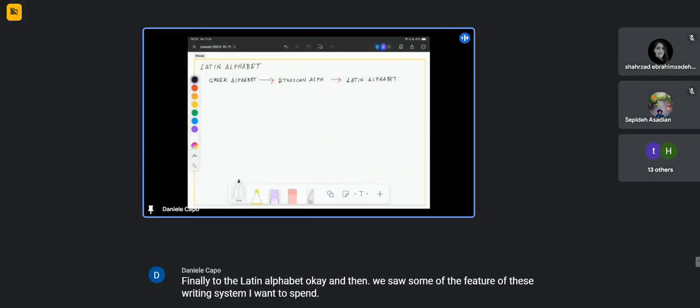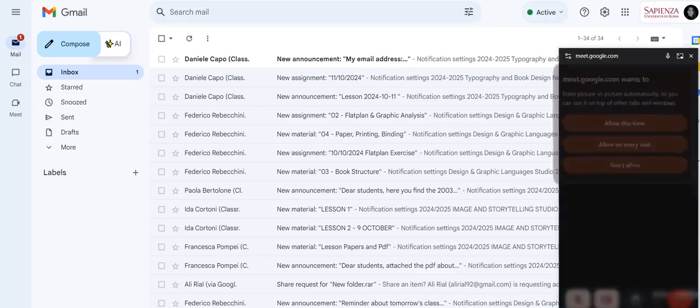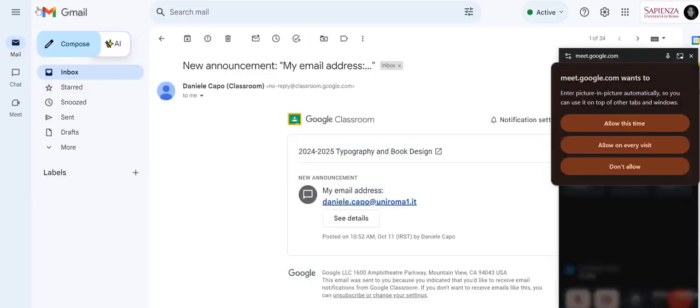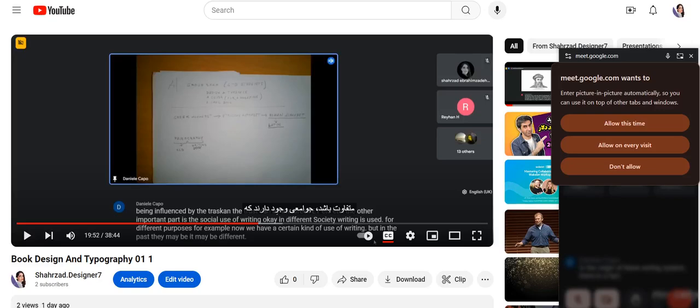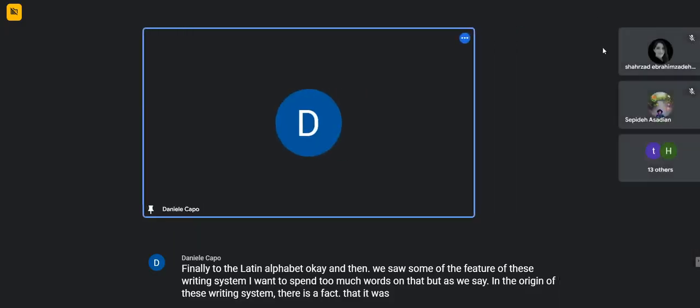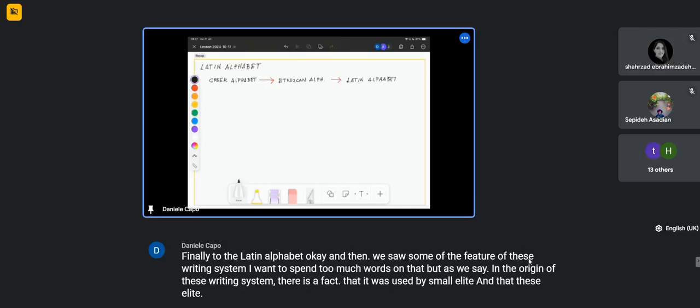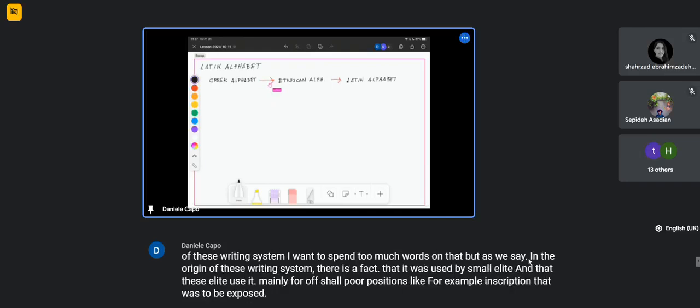I don't want to spend too many words on that, but as we said, in the origin of this writing system, there is a fact that it was used by a small elite, and that this elite used it mainly for official purposes, for example, inscriptions that were to be exposed to the public.